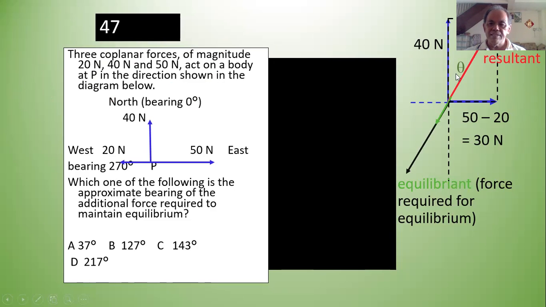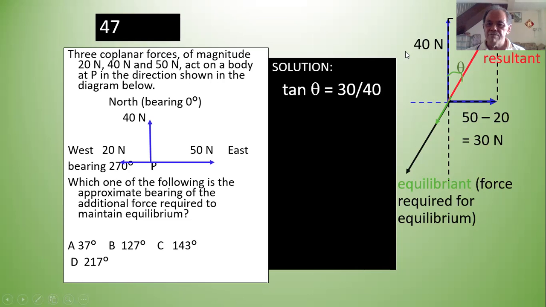I can find this angle theta or this angle, whichever you prefer. But since they want bearing, it's better to find this angle theta. This is the force required for equilibrium. This is the resultant. So tangent, this is 40, this is 30.